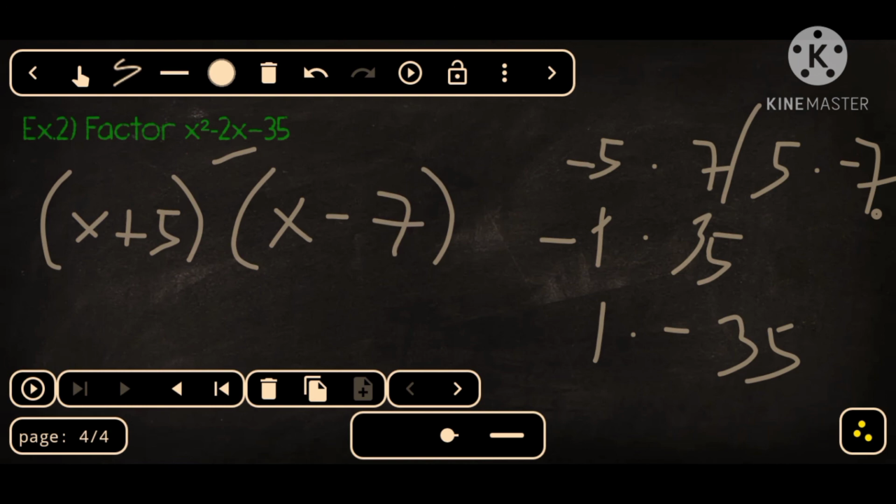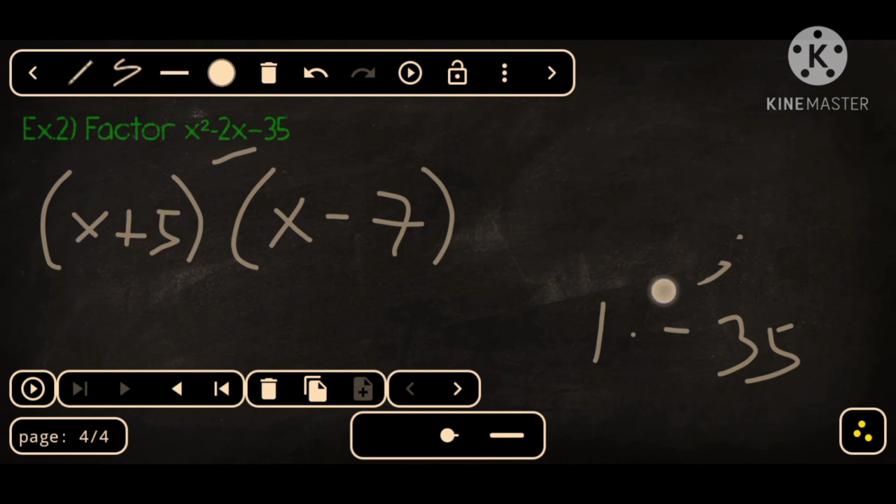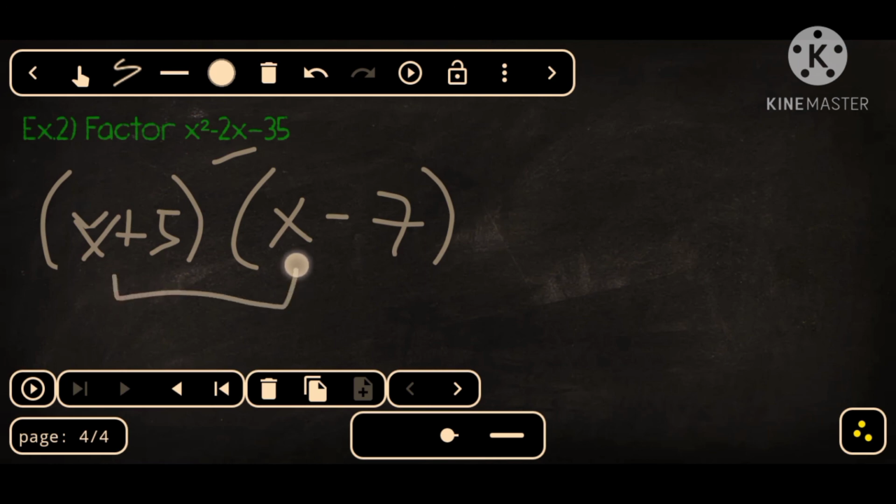Okay, so let us try to check if we got the correct answer. Let us check applying the FOIL method. First, multiply x times x, that is x squared.